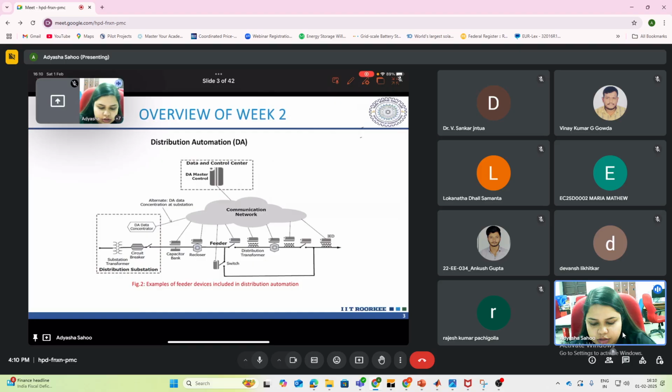So from this substation where you have the transformer, breaker, switches, and for power factor correction or for voltage correction, you have capacitor banks and all the rest of the devices or components. And from there, the information will be collected with the help of your IEDs, which are your intelligent electronic devices.